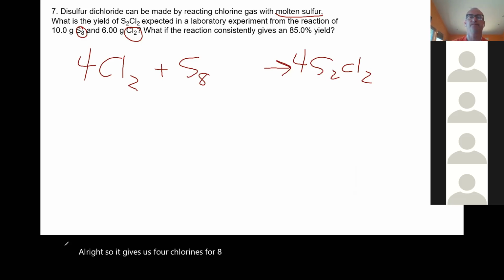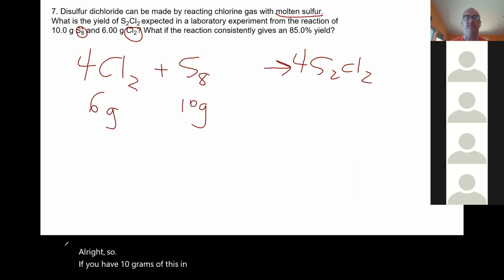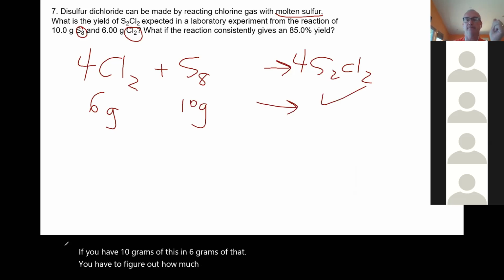Yeah, nice. All right, so if you have 10 grams of this and 6 grams of that, you have to figure out how much of this you get, okay?